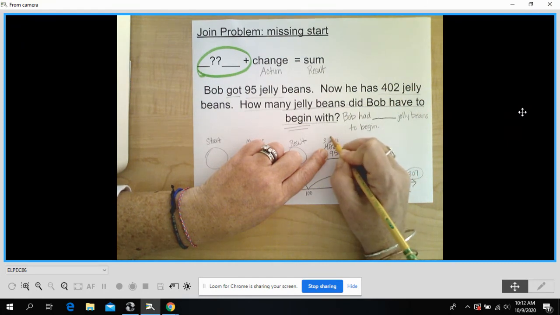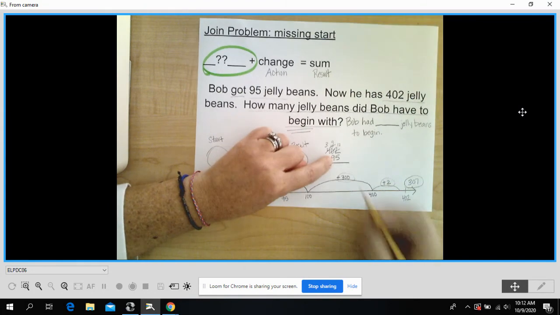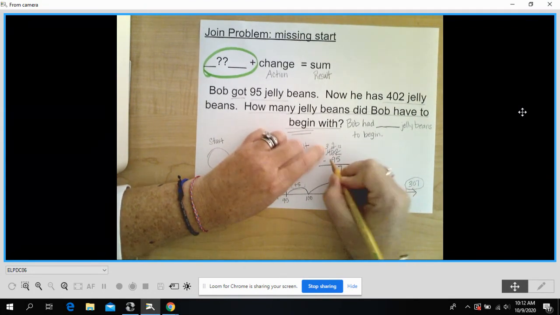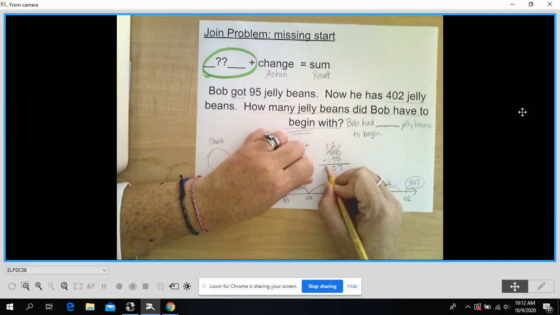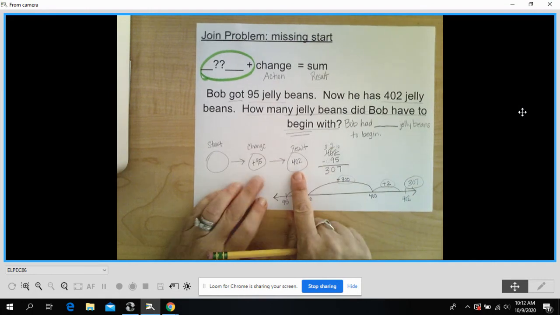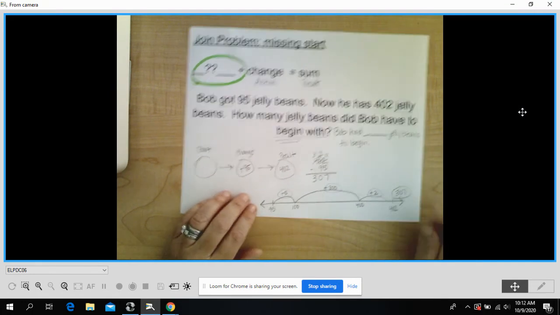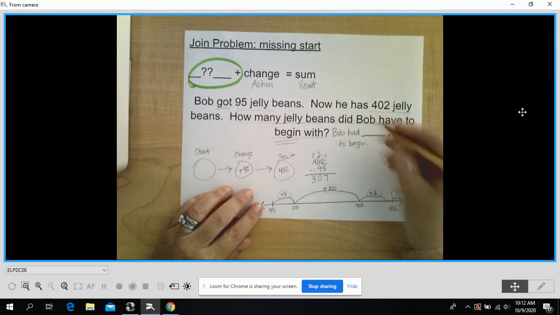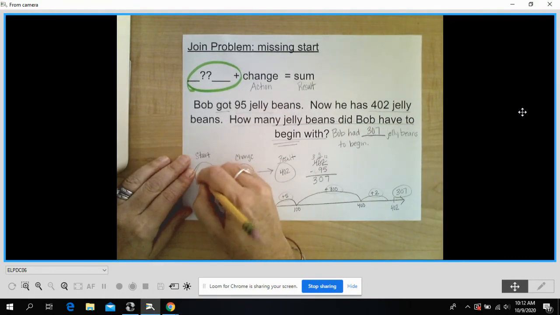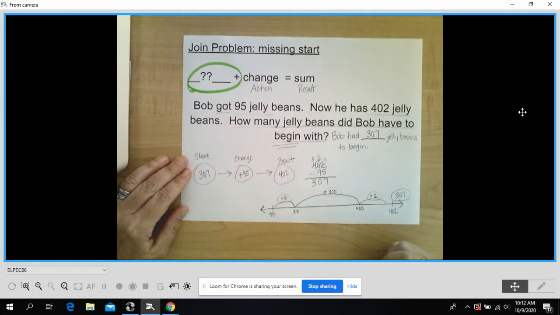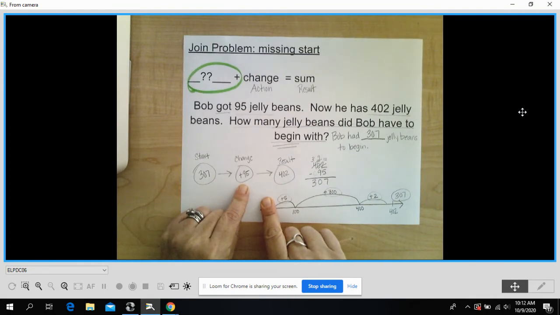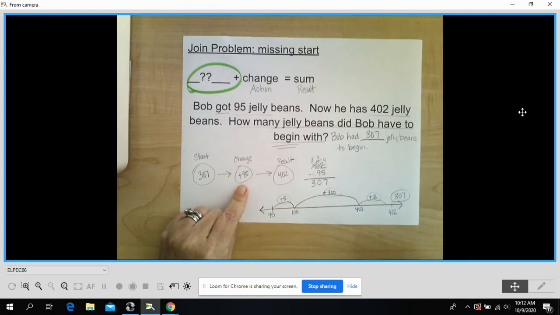This becomes a 12, and this becomes a 9. 12 minus 5 is 7. 9 minus 9 is 0. 3 minus 0 is 3. I get my same answer whether I do subtraction or I do my number line. So this lets me know that Bob had 307 to begin with, and we found our start number. He had 307, then he got 95, and now he has 402.